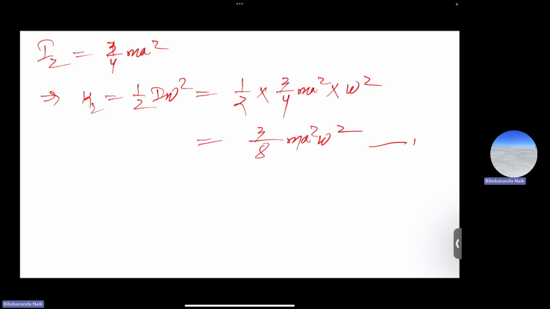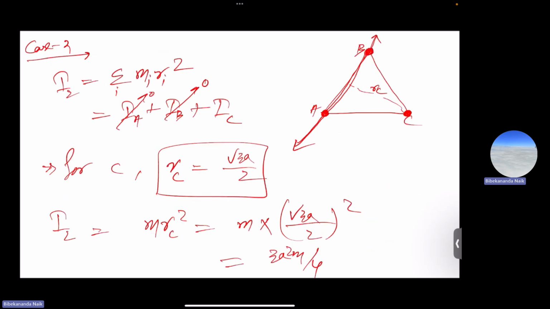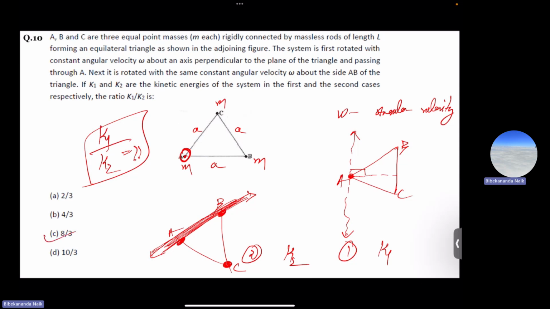This is equation 2. So the ratio of K1 by K2 is M omega square A square divided by 3 by 8 M omega square A square. M gets cancelled out, omega square gets cancelled out. It is 1 by 3 by 8, which is 8 by 3. So the correct answer is 8 by 3, that is option C.